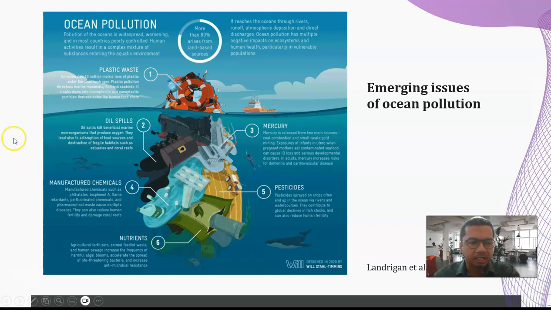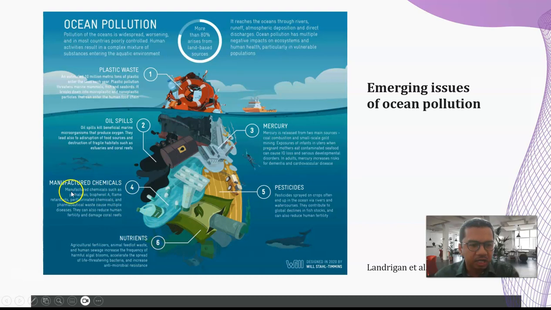And then come the oil spills, coming from the petrochemical industries or from ship activities. And the third one is mercury. Basically it's released from two main sources, either from coal combustion or small-scale gold mining.